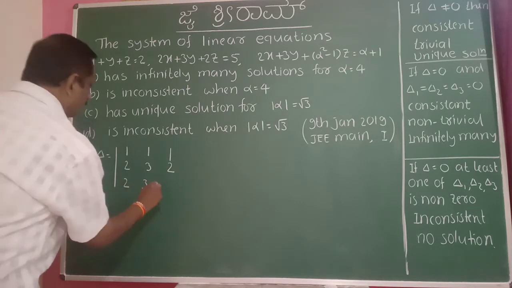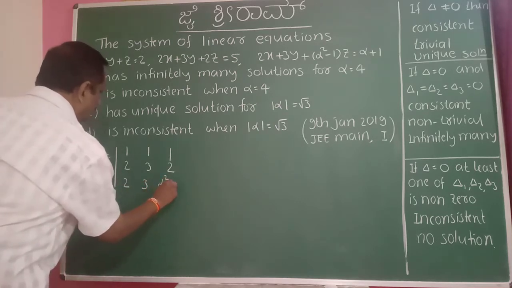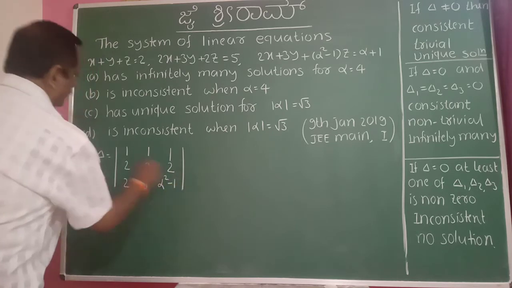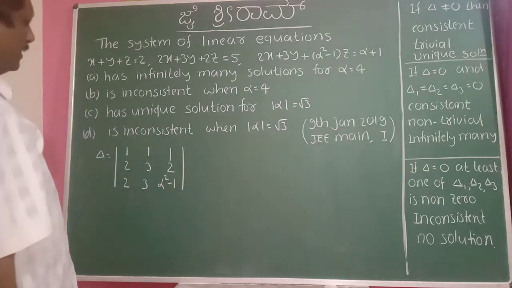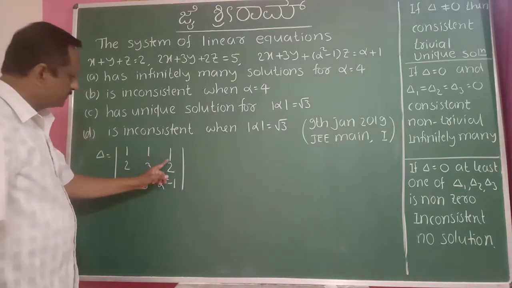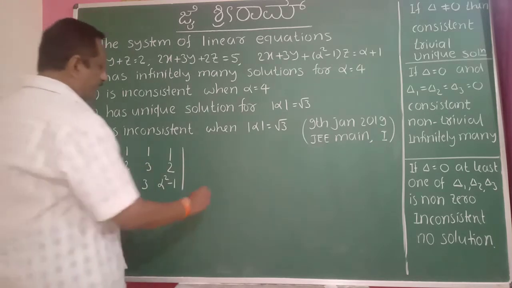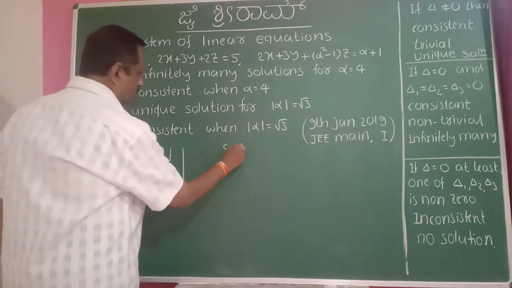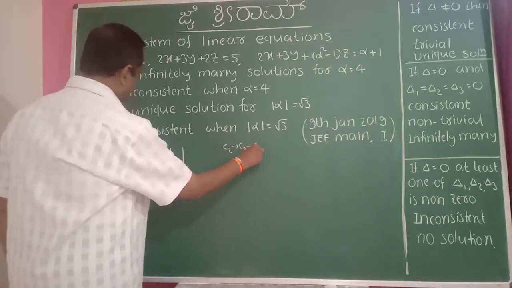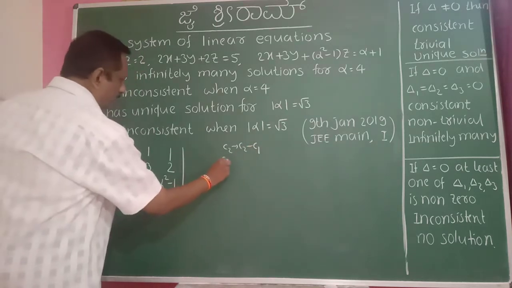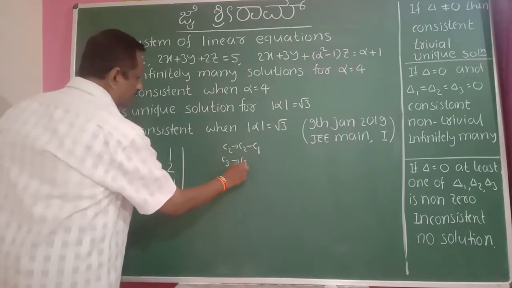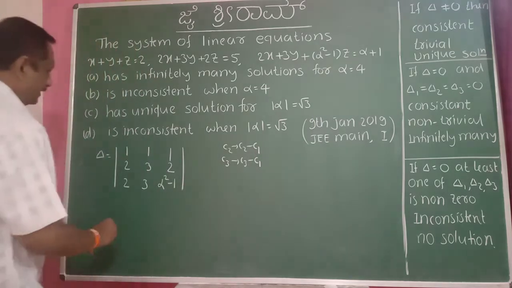Next, make these two terms zeros. Therefore C2 becomes C2 minus C1, and C3 becomes C3 minus C1 here.